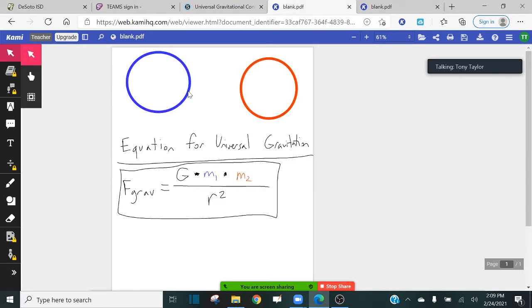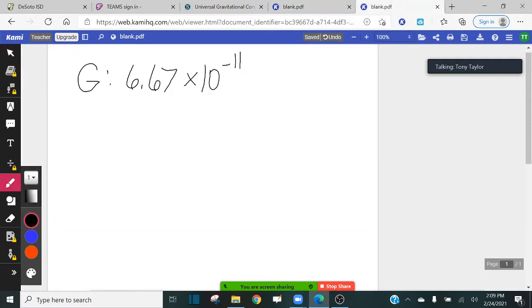Okay. M1 obviously stands for the mass of the first object.